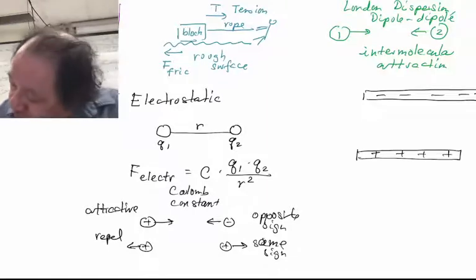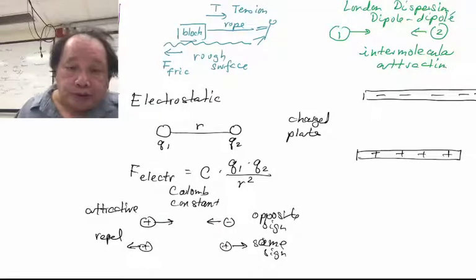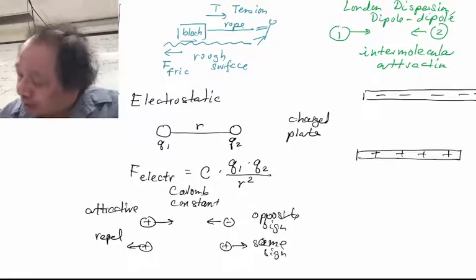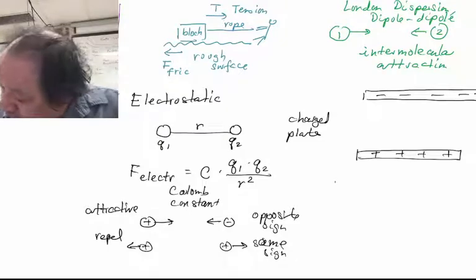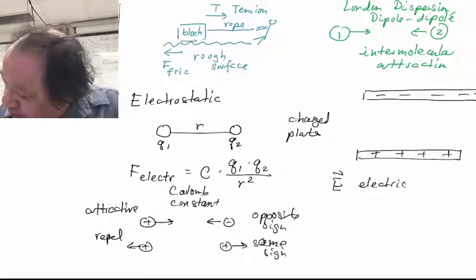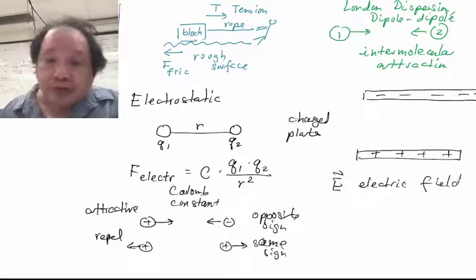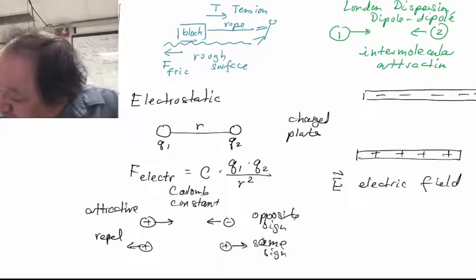So these are charged plates. And between the plus plate and the minus plate is the electric field. The electric field points from the plus plate to the minus plate.